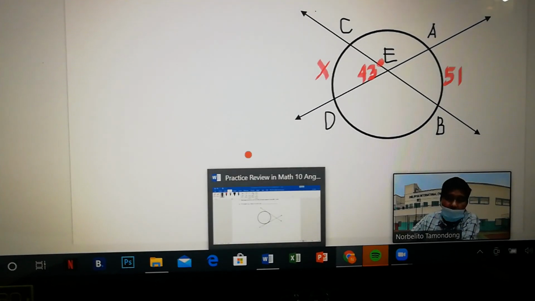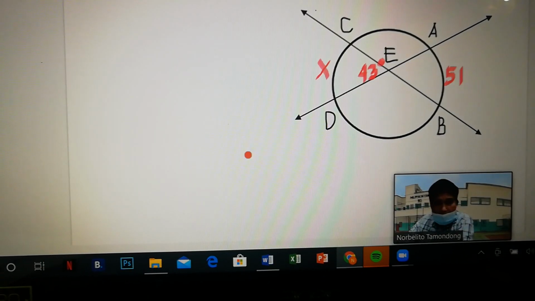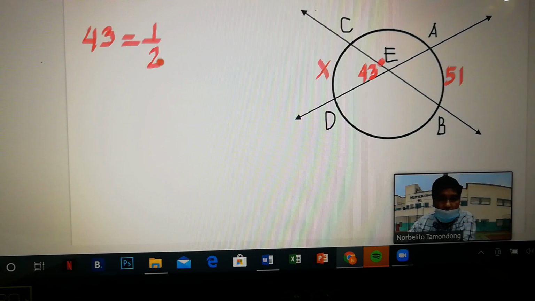So based on the formula, always follow angle formed is. So since the measure of the angle formed is equal to 43, then you will start with 43. The measure of the angle formed, 43, is 1/2 the measure of the intercepted arc.